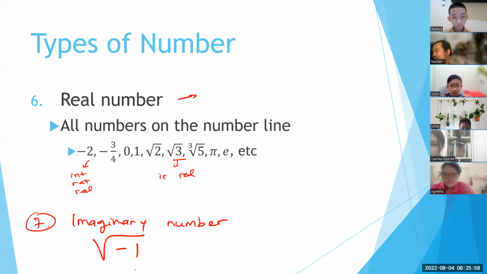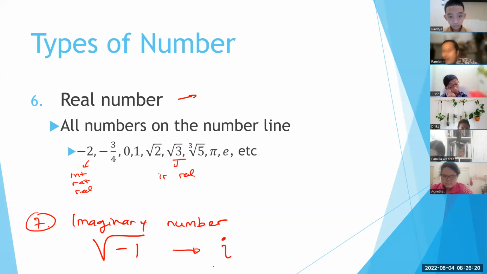Oke, jadinya tadi ada couldn't find any result, terus ada math error. This is what we call imaginary numbers, guys. If you Google this, it will result in the letter i. i stands for imaginary number.